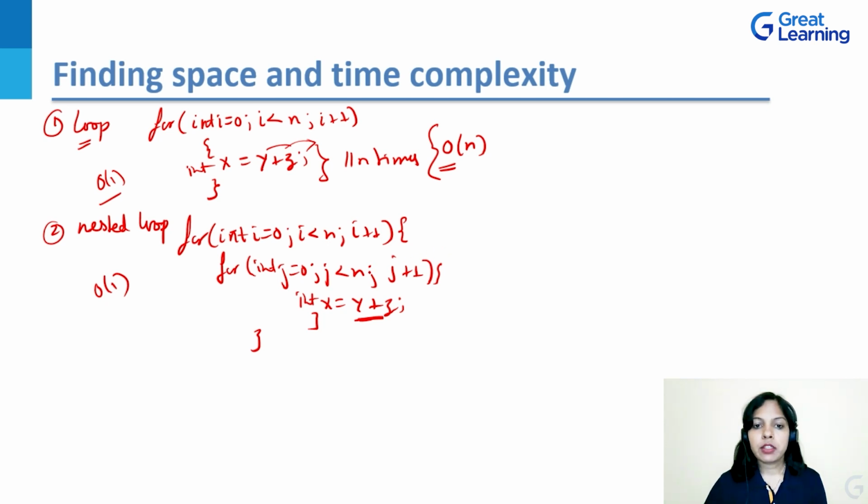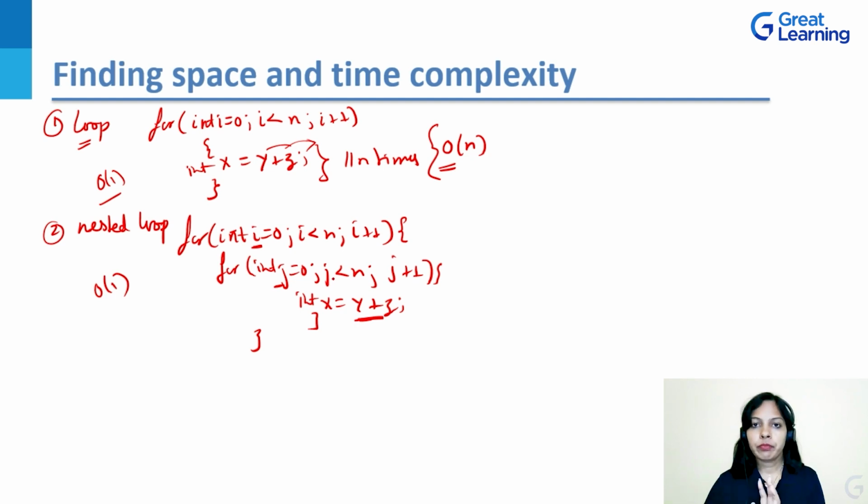Talking about time complexity, you see here, for each value of i, j runs from 0 to n. So if the value of i is 0, then this runs from 0 to n, that is n times. If the value of i is 1, then also this runs n times. If the value of i is 2, then also this runs n times.